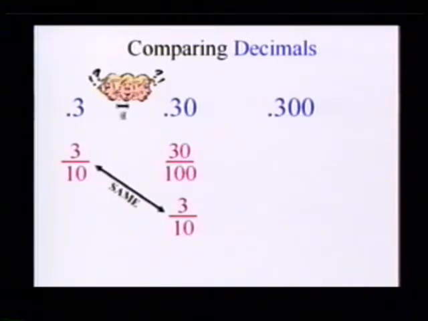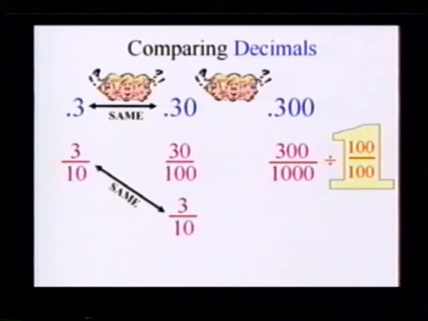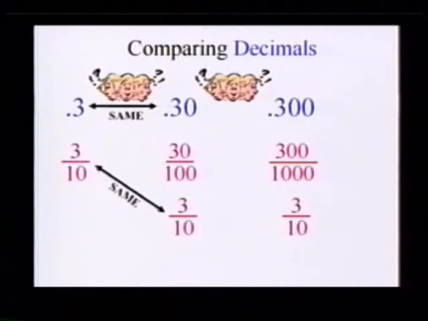How about the next one? Which is bigger here? Well, that could be written 300 thousandths. Well, we could reduce that, dividing top and bottom by 100, and we once again would get 3/10. So there again, they're the same, so you'll have to reduce.